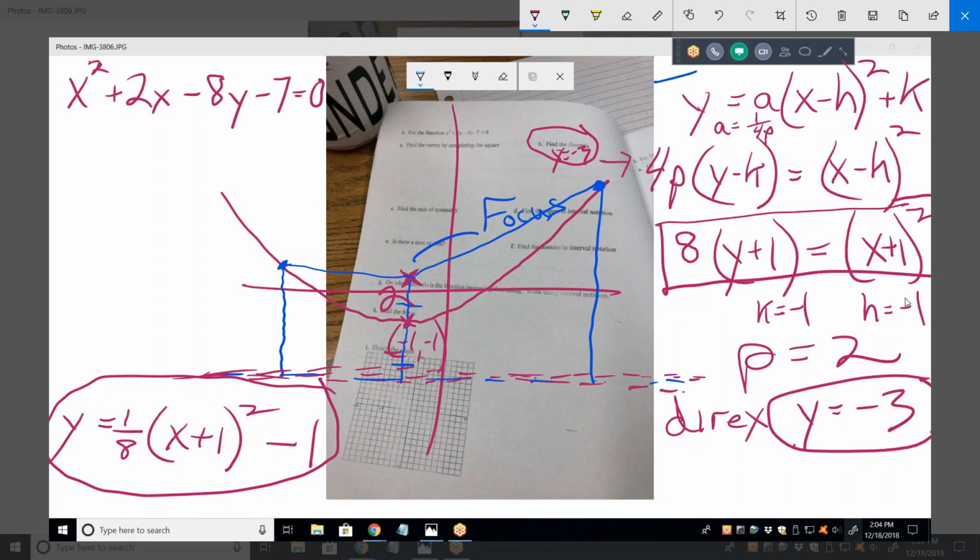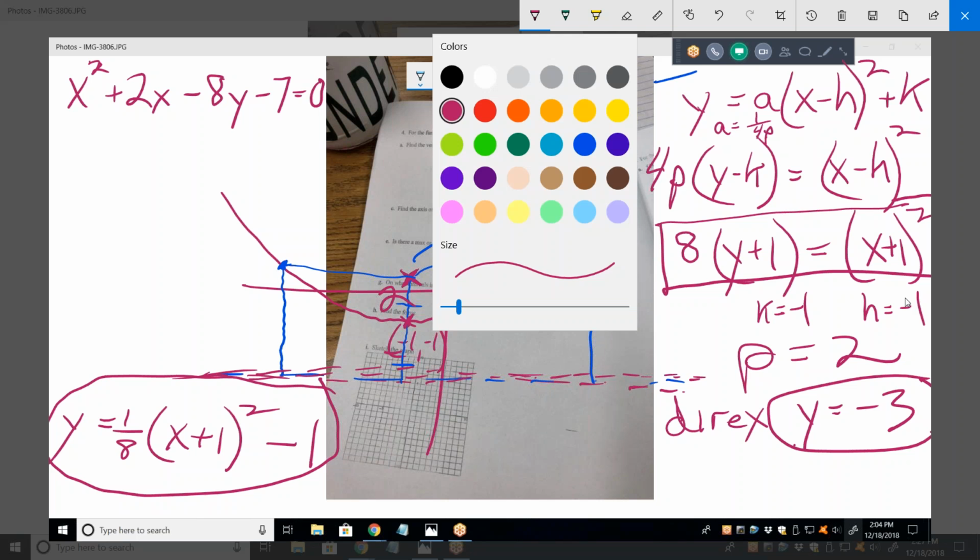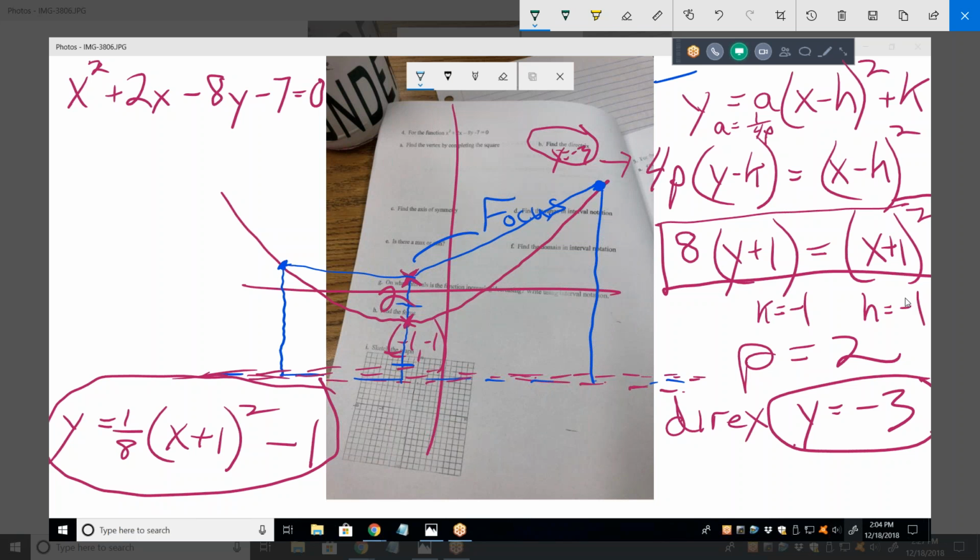And part C. What is the axis of symmetry? Let me draw the axis of symmetry. Every parabola has an axis of symmetry that is also an invisible line. It goes through the vertex, and the parabola is symmetrical about that.